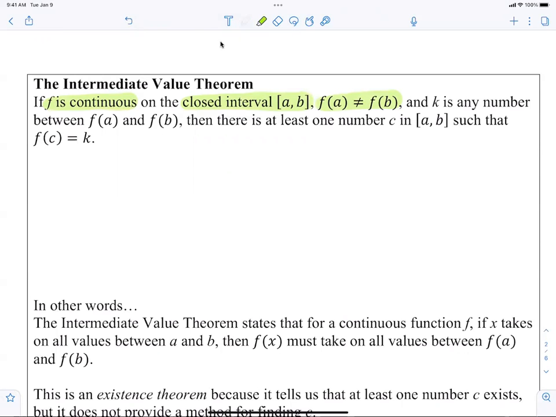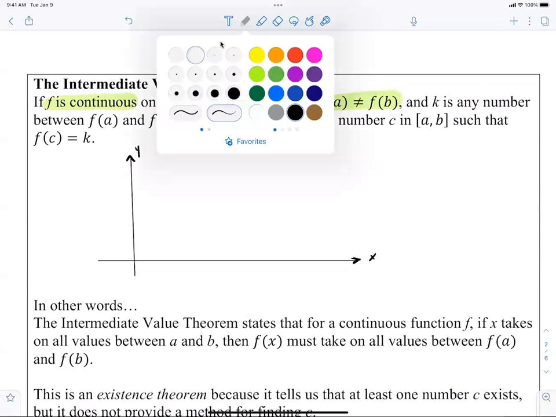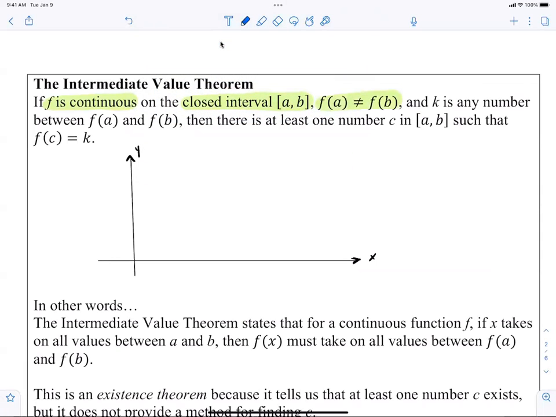So I'm going to draw a picture to make sense of the intermediate value theorem. Let's say we have a curve. Draw something really basic.